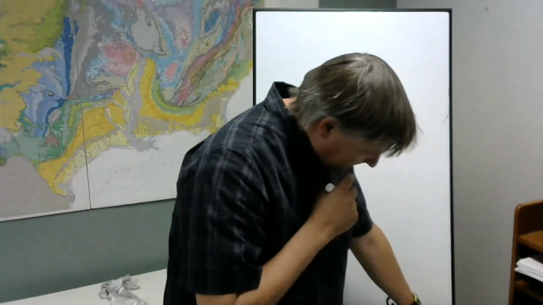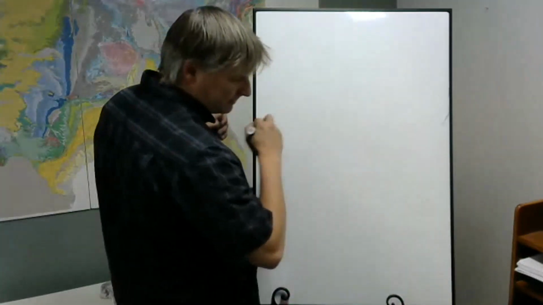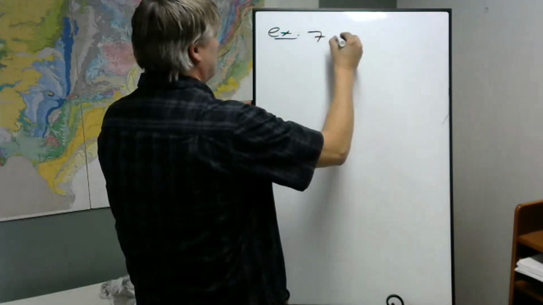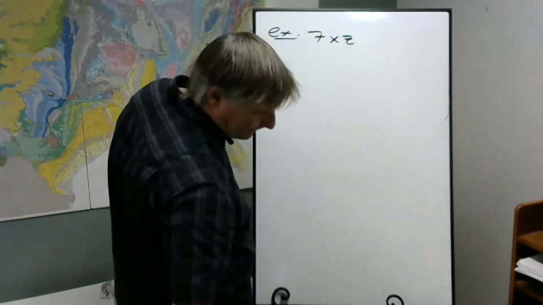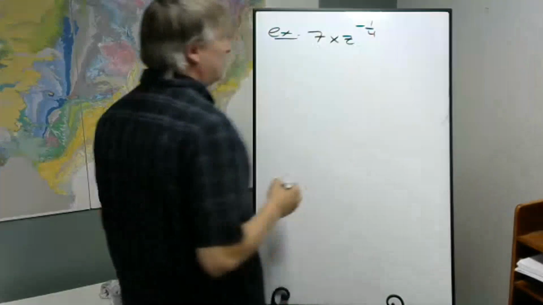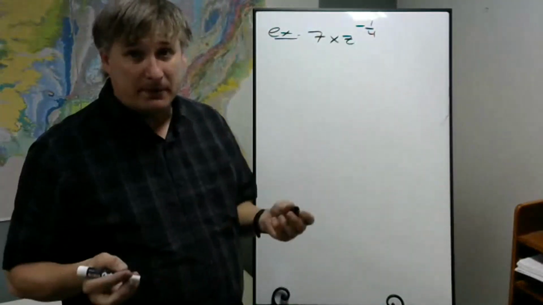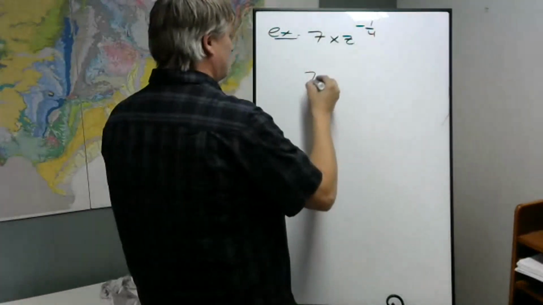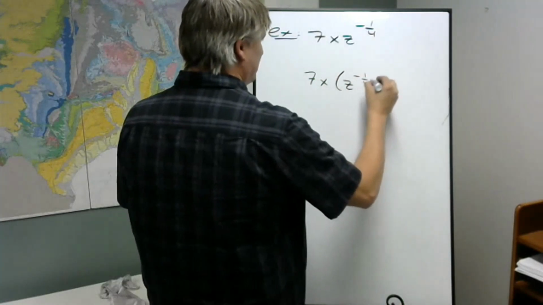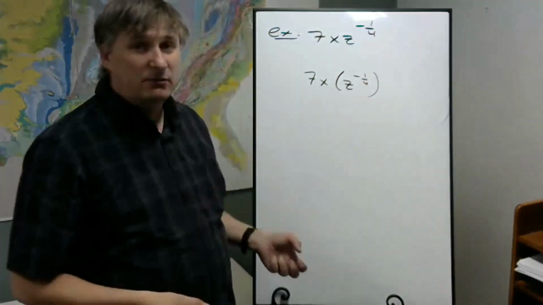So let's look at one more. Now again, we're going to do some flipping, but in this case, we only need to flip the z to the negative 1/4.